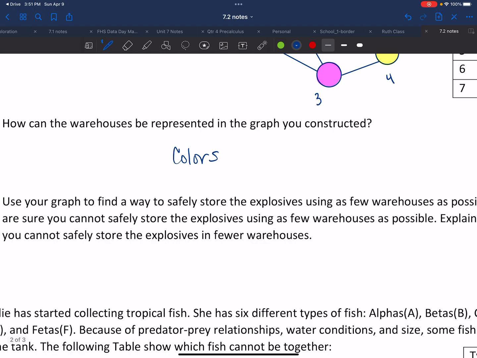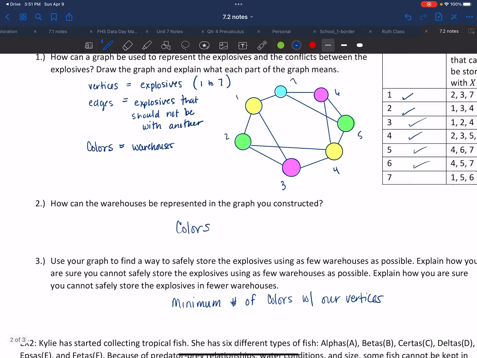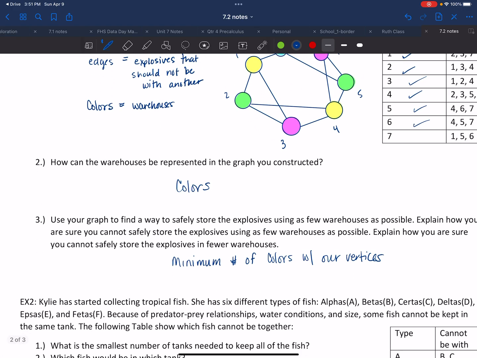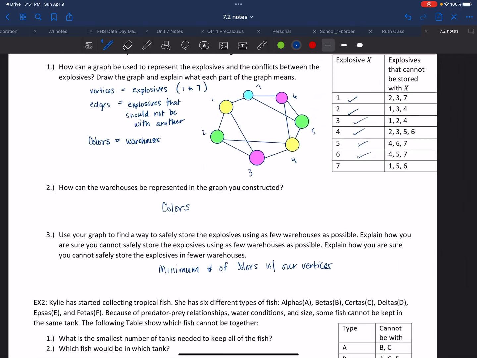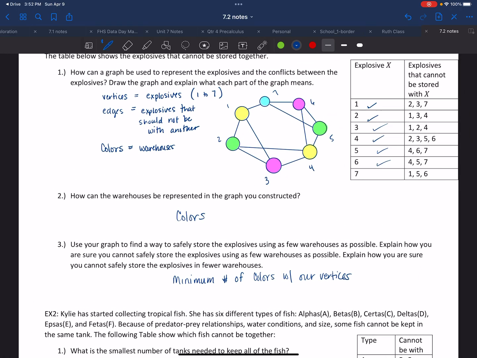Well, what we did is we looked at the minimum number of colors with our vertices. So there's really no way to get fewer colors, so therefore we know that we have the fewest number of warehouses. Okay? So that would be our solution there.